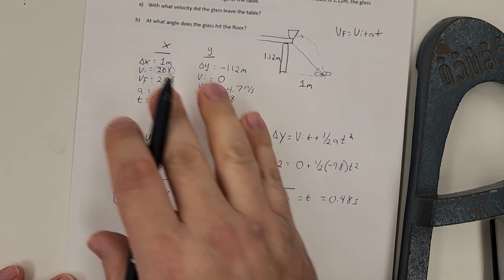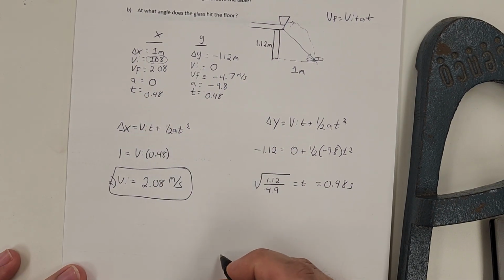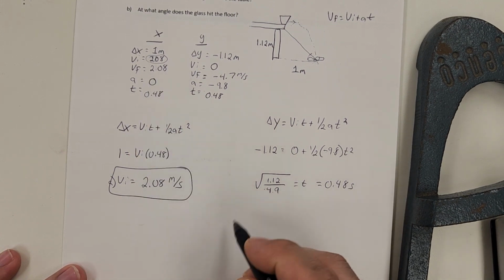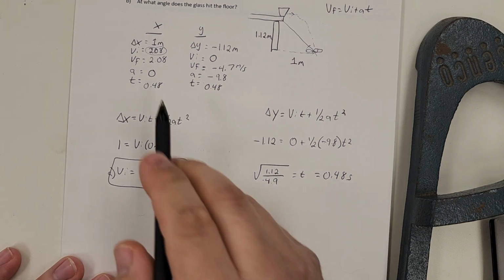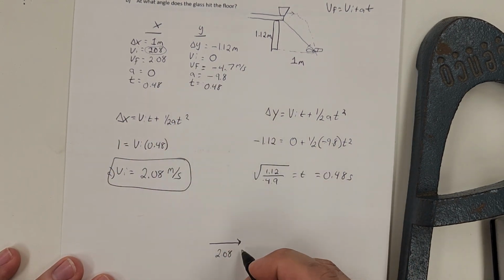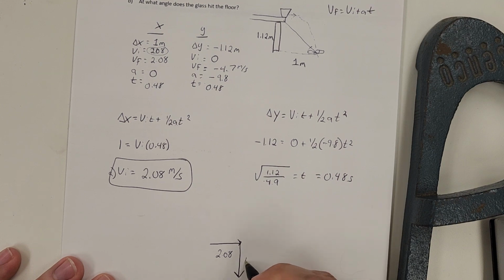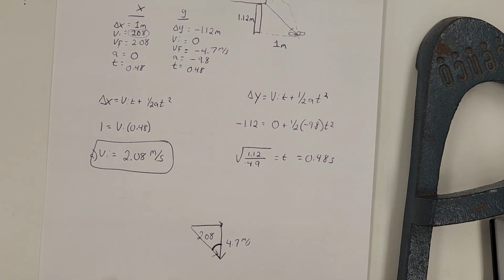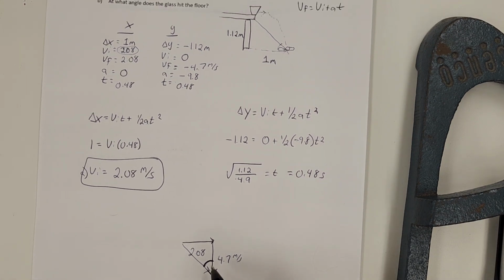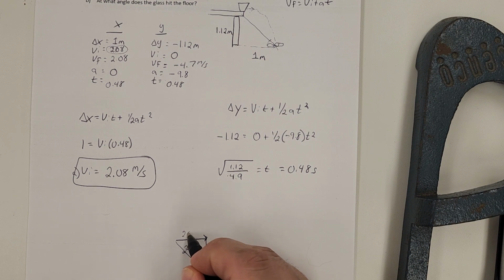Okay, so now that I have both of these, I can draw that out. So final velocity here is traveling 2.08, and then the final velocity here is negative 4.7. This is the angle at which it hits the ground. So to find that angle, sorry, 2.08 should be up here.